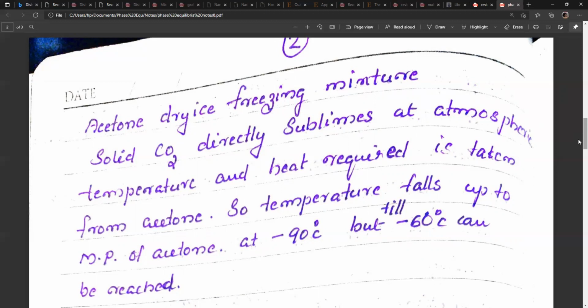But using these freezing mixtures, we can attain this low temperature, not much expensive. This process is not as expensive as other methods to attain low temperature. This is the importance of freezing mixtures.